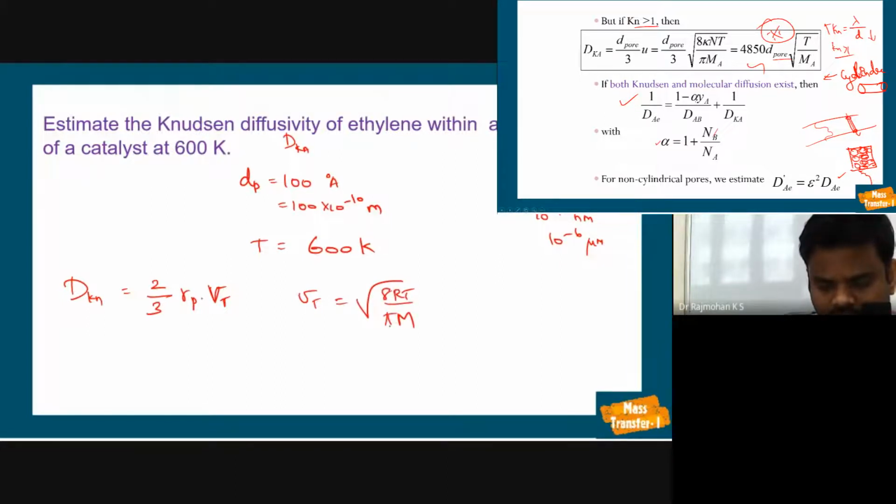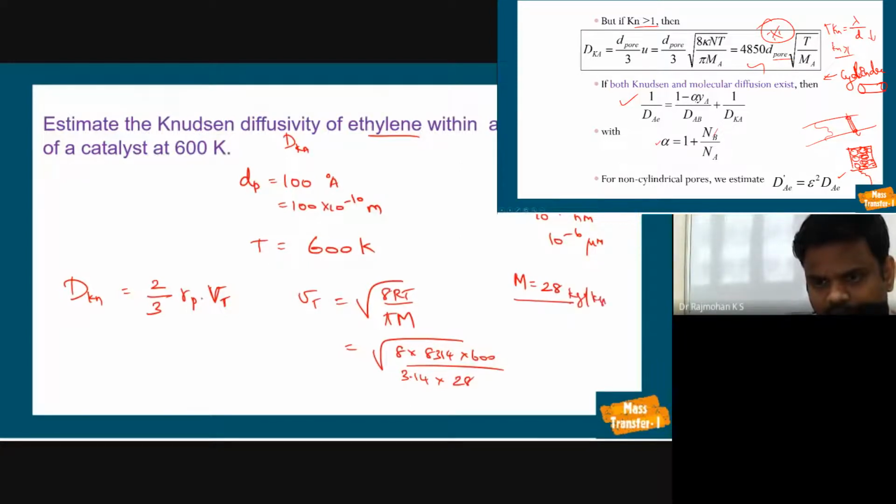So what is the value of this? It is equal to 8 into 8314 into temperature 600 Kelvin, divided by 3.14 into molecular weight of ethylene. Molecular weight of ethylene is 28, so 28 kg per kilomole.